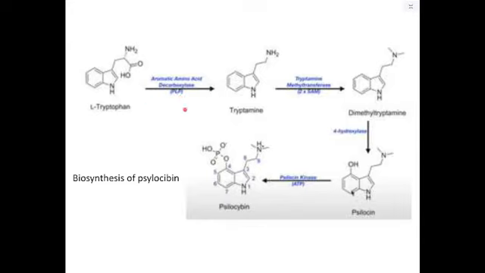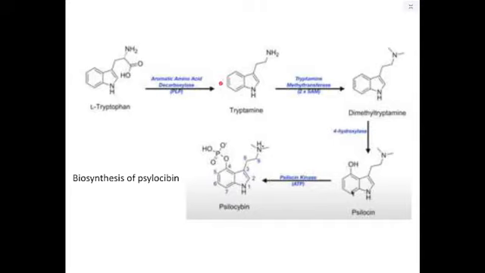This is an enzyme we came across when we were looking at Parkinson's disease, when looking at dopamine and L-dopa and their metabolism. It will remove the carboxylate group as carbon dioxide, and you get tryptamine.